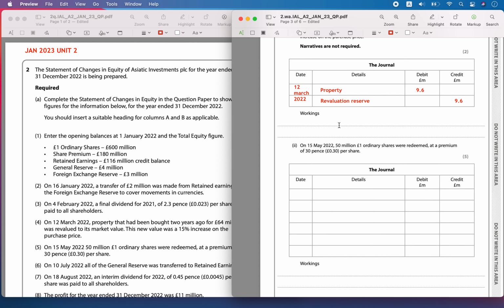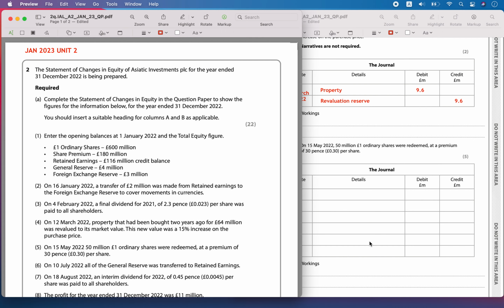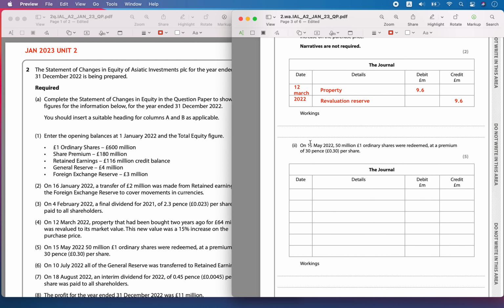Whenever shares are redeemed, this is the general way we write the journal entry. So on 15th May, the first accounts that are going to get affected, we know, are the ordinary share capital account and the share premium account.